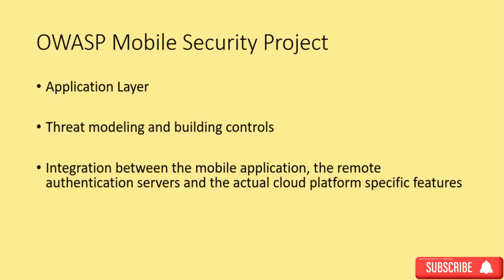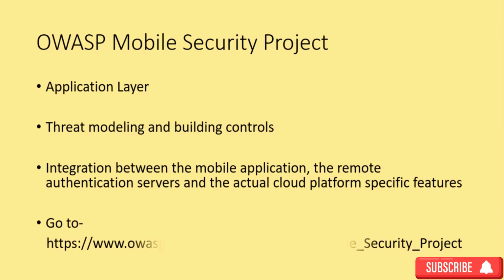So in a lot of cases, these mobile applications are communicating to the cloud, right? So they also look at that communication from the mobile device and the cloud environment. They also cover best practices and vulnerabilities around the integration between the mobile application, the remote authentication servers and the actual cloud platform specific features.